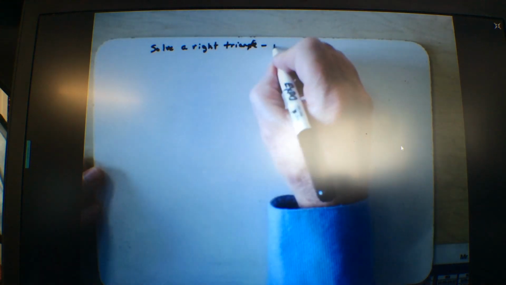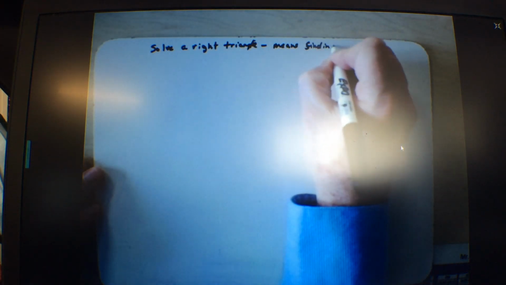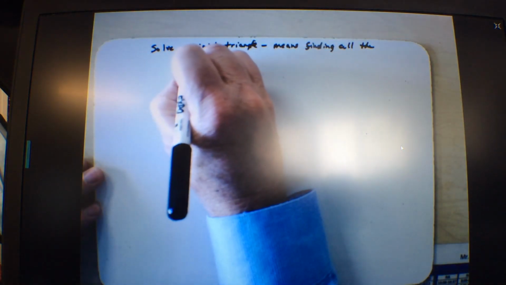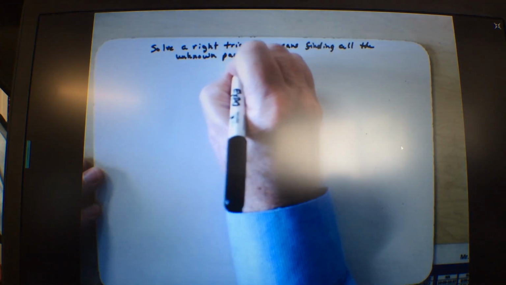Solve a right triangle means finding all the unknown parts. Okay?